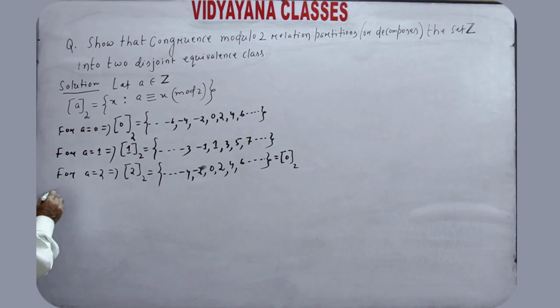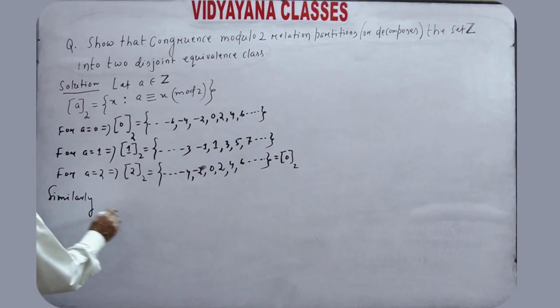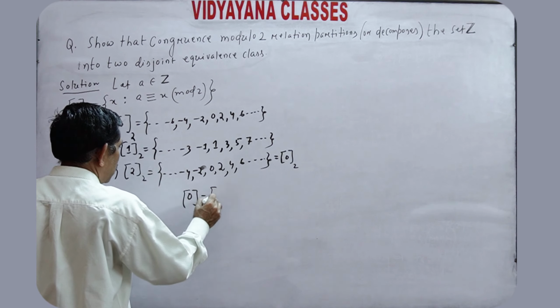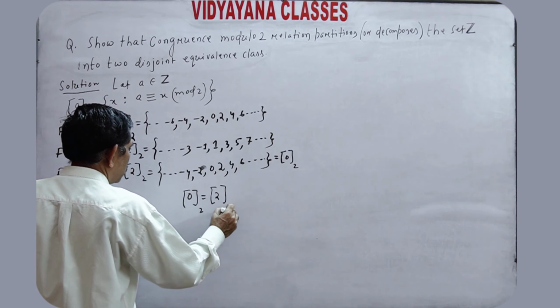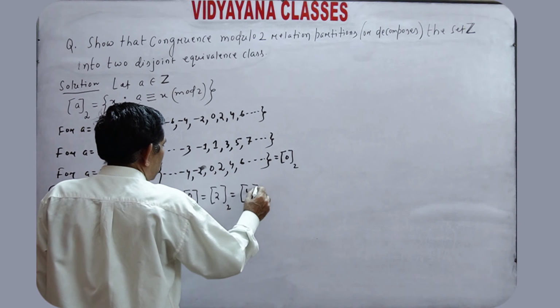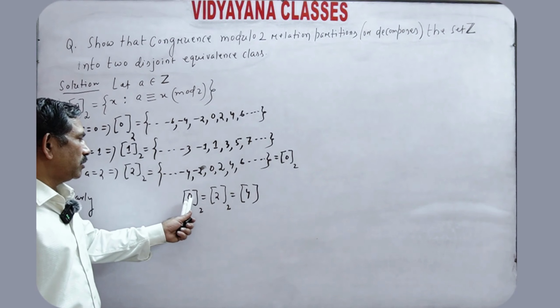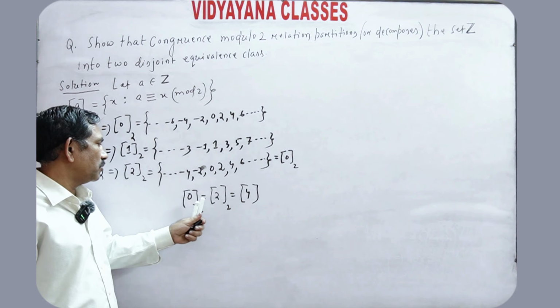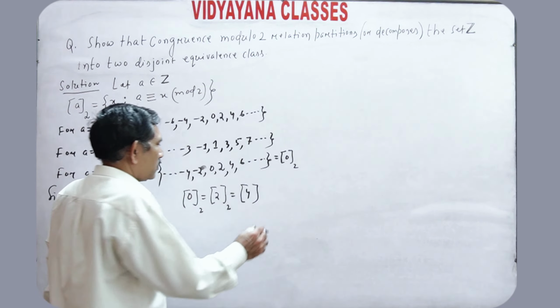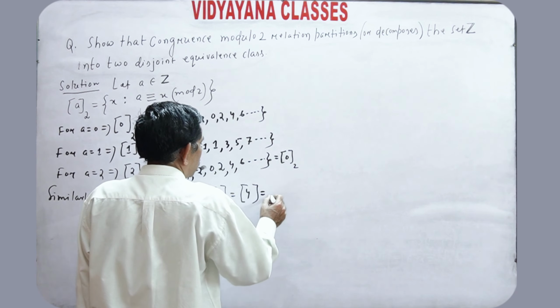This set is the same as this set. Similarly, the equivalence class of 4 modulo 2 is the same as the equivalence class of 0 modulo 2. 0 plus 2 is 2, 2 plus 2 is 4, 4 plus 2 is 6.